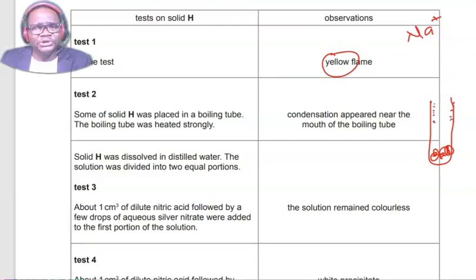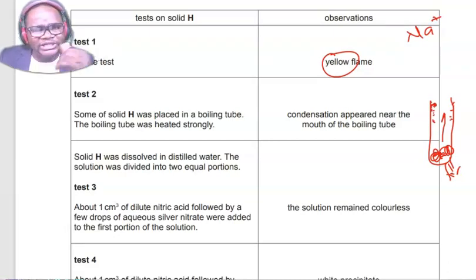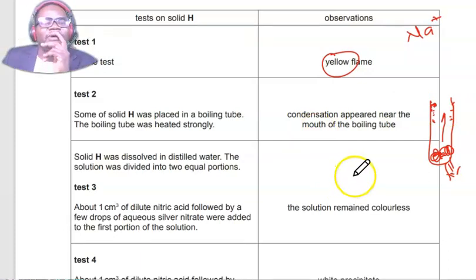That tells us that possibly this solid contains water of crystallization, and when it is heated, the water of crystallization turns into vapor. And because the upper part of the tube is cooler compared to the lower part of the tube, the vapor will condense here. That is the formation of condensate. So begin to have that idea at the back of your mind.